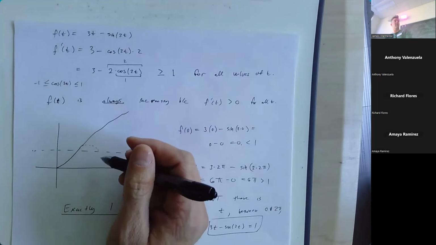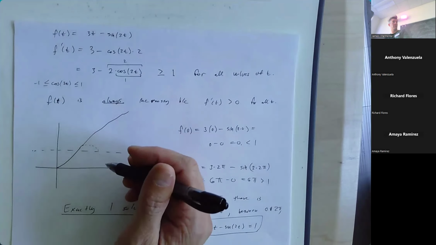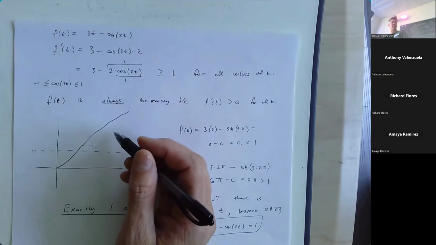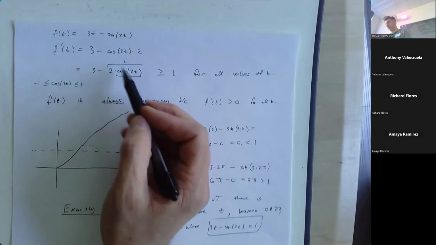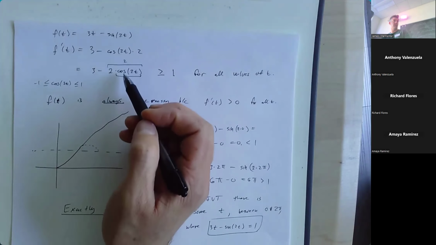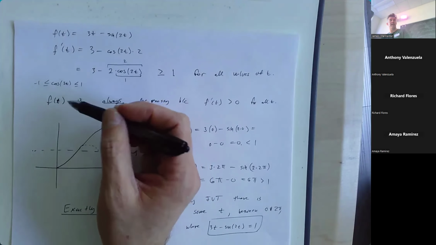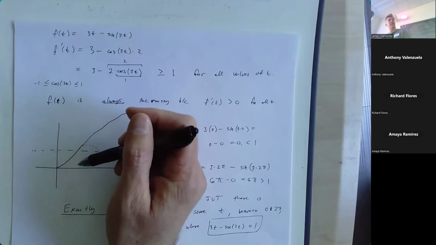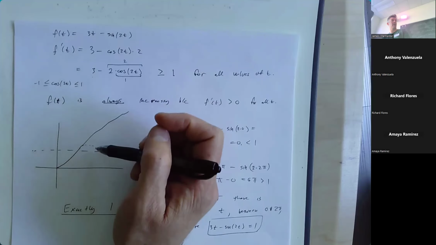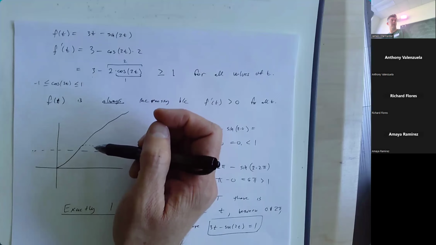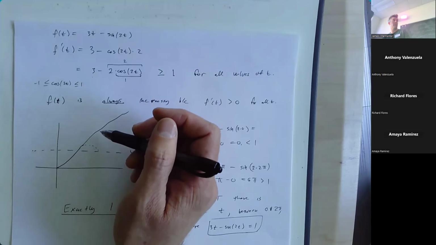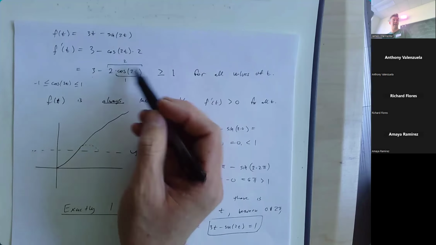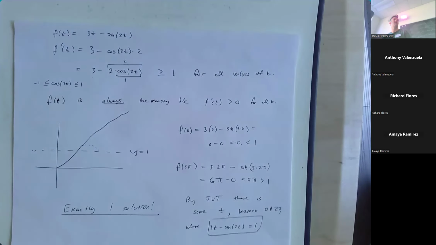So the most we're subtracting from 3 is 2. I can't subtract 2.5 or 2.9 or 3 because this never grows any larger than 2. The smallest 3 minus this could ever be is 1. It'll never be smaller than 1. But it's really based on the fact that we have a trig function here, cosine. That cosine is what's giving us this inequality.